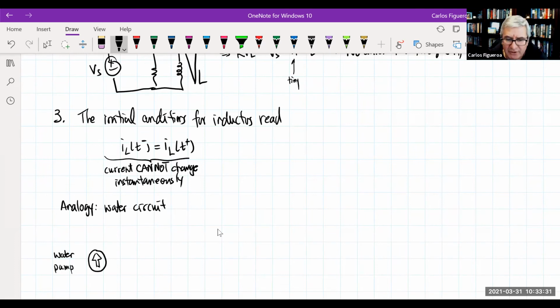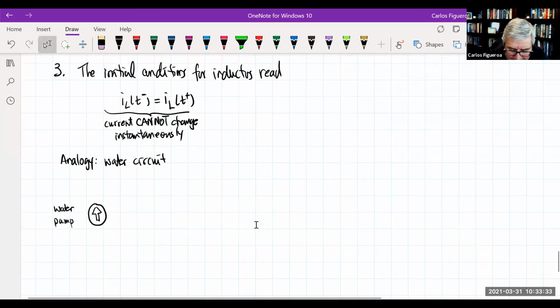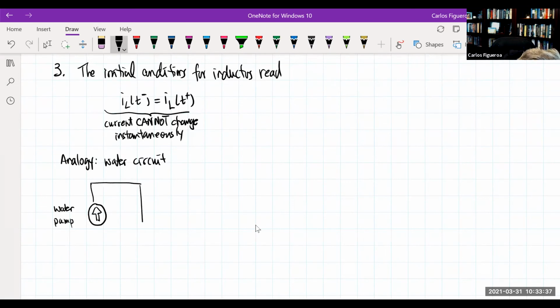You imagine that you have a water pump, but now the water goes through a series of turns.